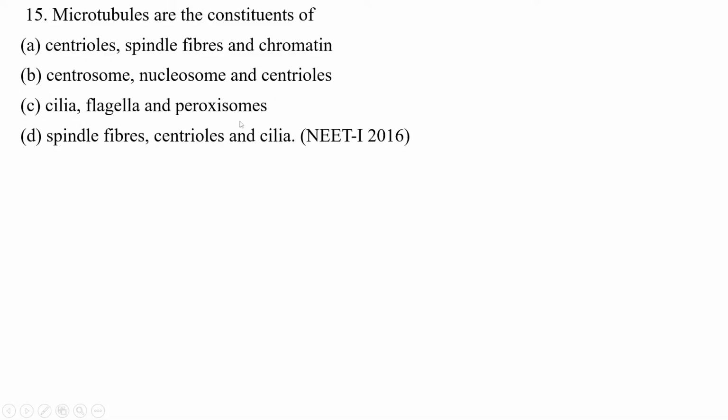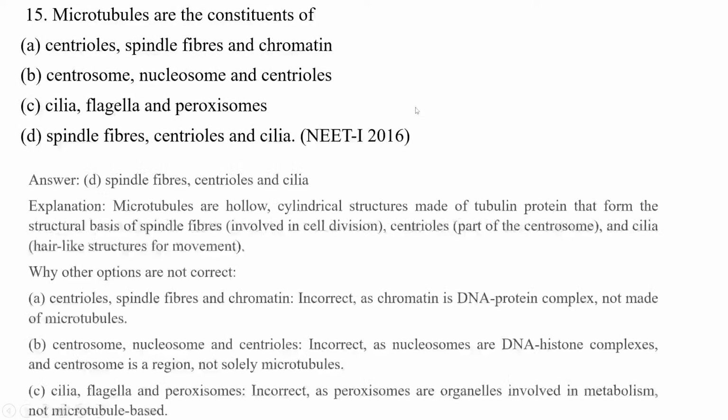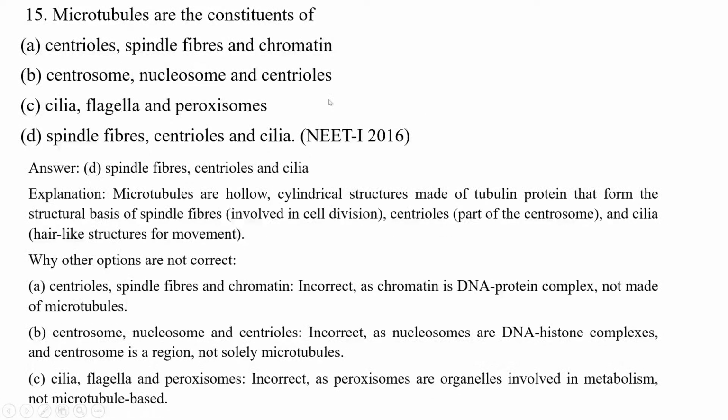Option C: cilia, flagella, peroxisomes, spindle fiber. Option D: spindle fibers, centrioles, and cilia. Here you have to find where microtubules are found. Microtubules are found in cilia, flagella, and spindle fiber. So the answer is option D.